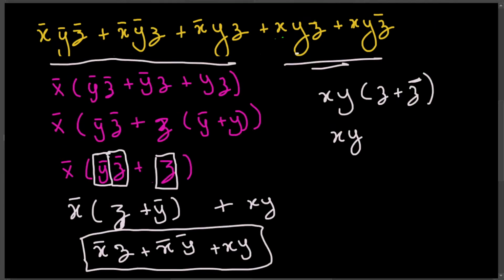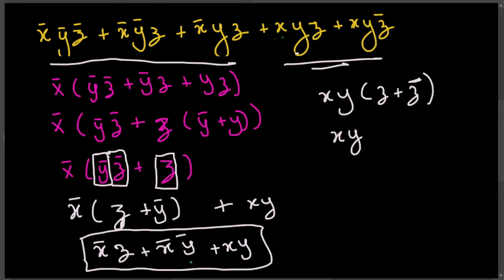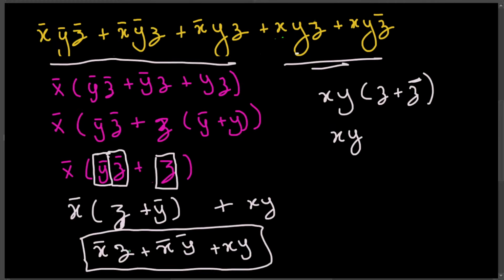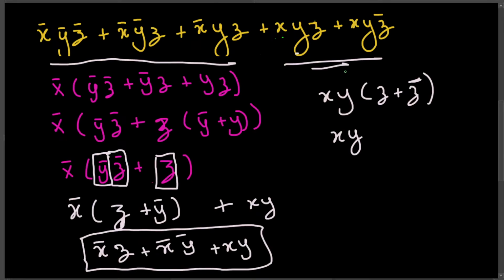Here we got x prime z plus x prime y prime plus xy. The only difference is here we have yz, the others look the same. Here we have x prime z, here we have yz, but both of the answers are correct. If you simplify and derive any of these answers, it's going to be the correct answer.